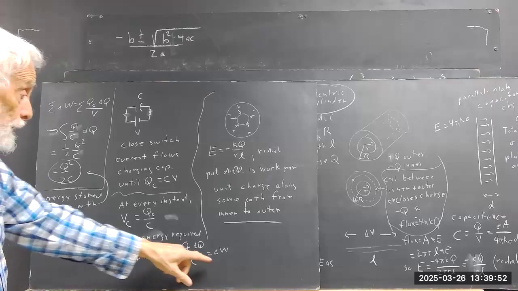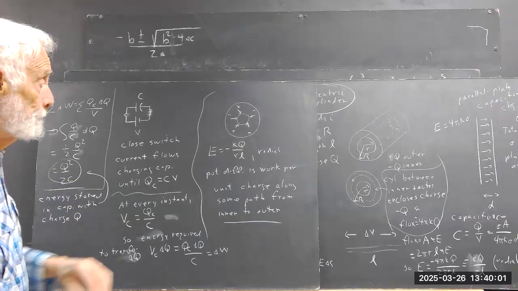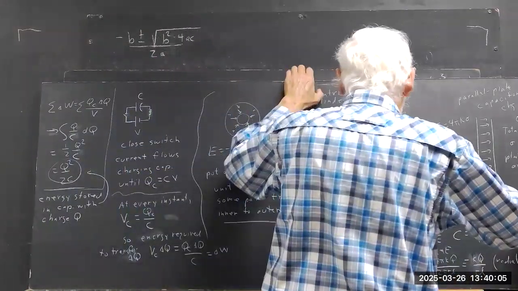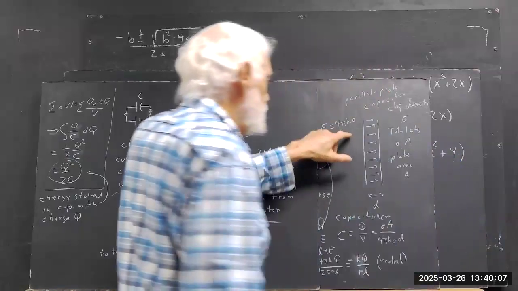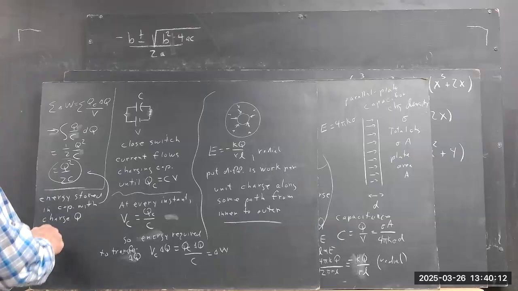Okay? Just comes down to this. That's the energy stored in a capacitor with charge Q and capacitance C. Question is, if we have this parallel plate capacitor over here, these dimensions, what's the energy density?